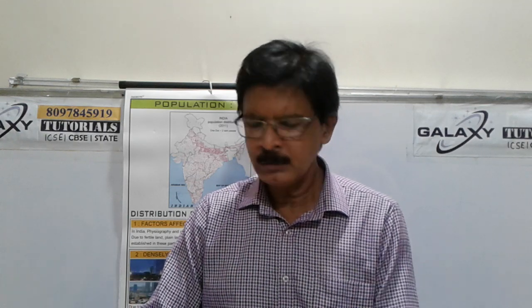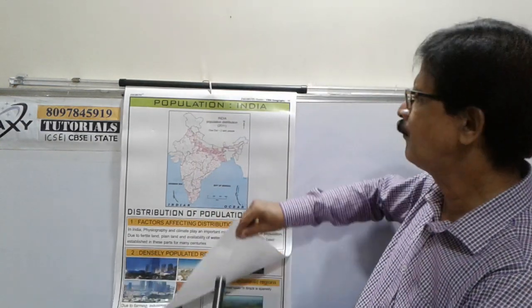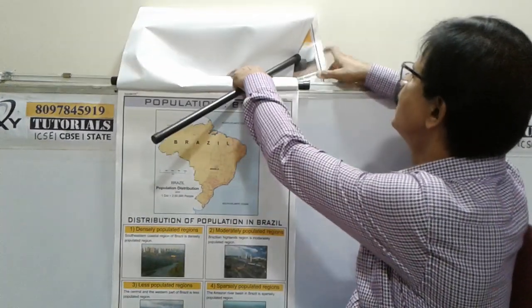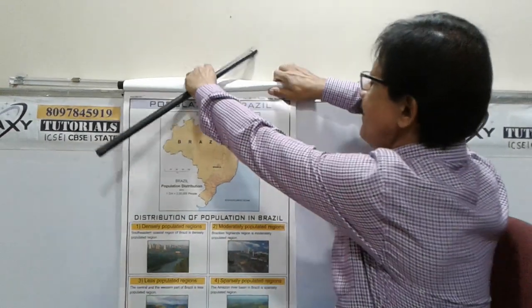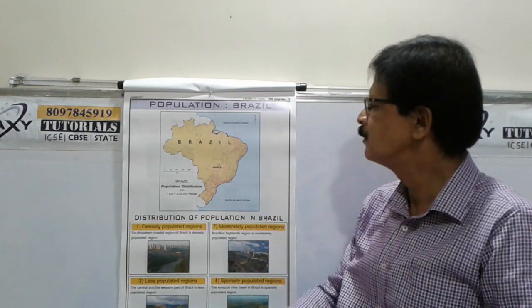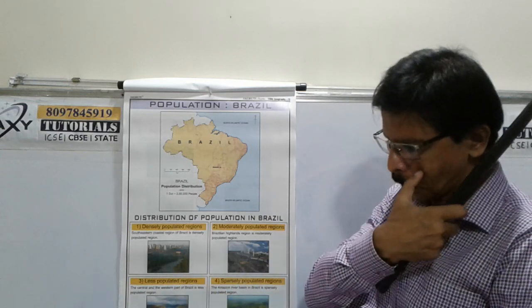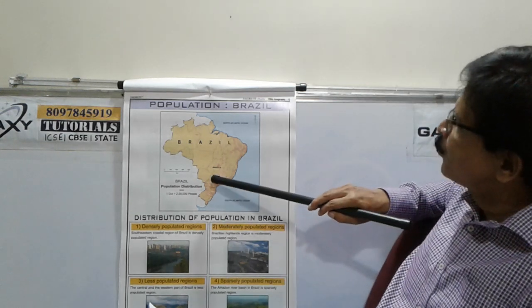Okay. Now let us come to the population of Brazil. If you see in Brazil, look at this map, figure 6.2, where the population is mostly concentrated.